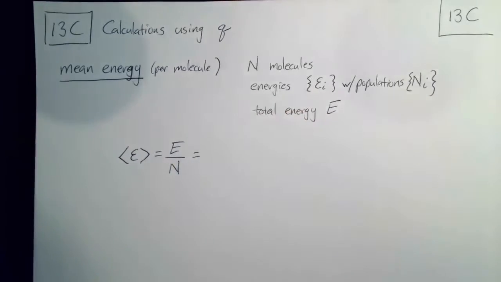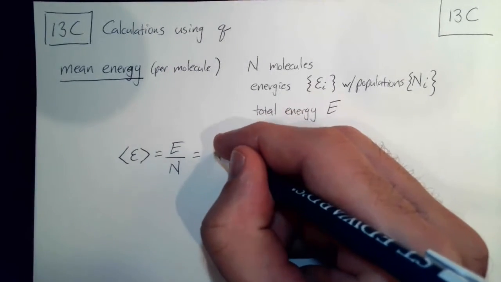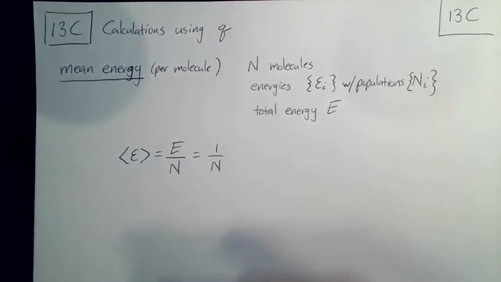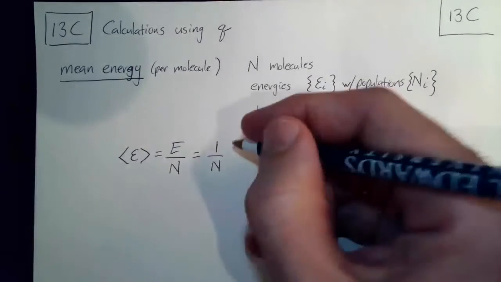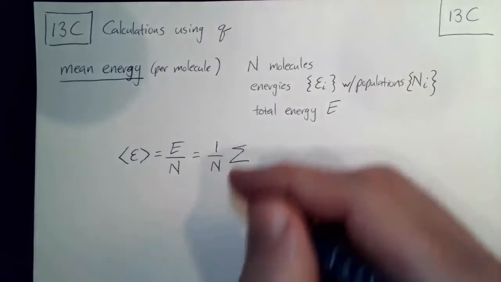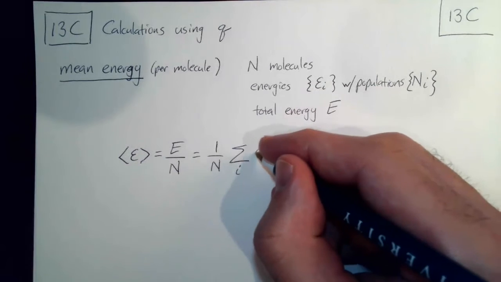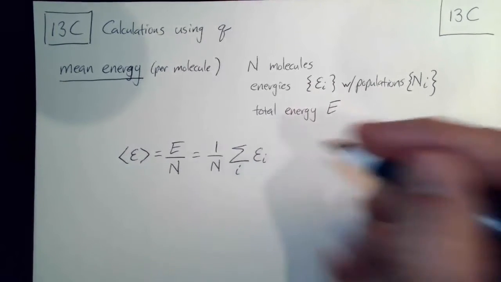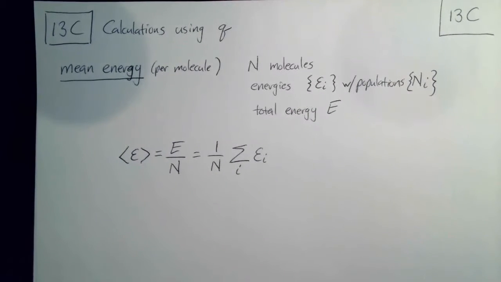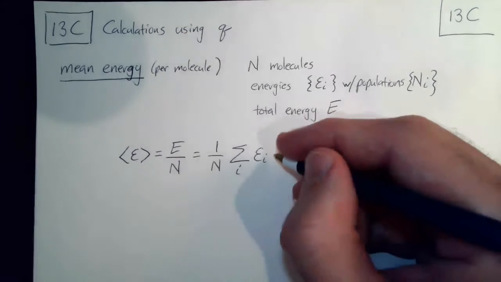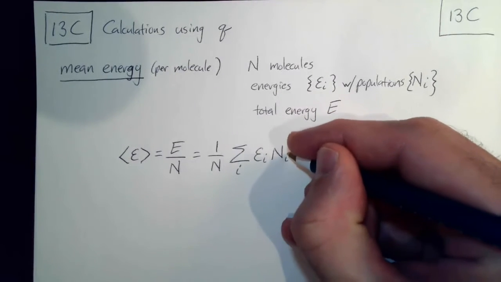So if I want to calculate the total energy, let me put my 1 over n out here. The total energy is going to be the sum over all of the energy states of the energy of state I times the number of molecules that have that energy.